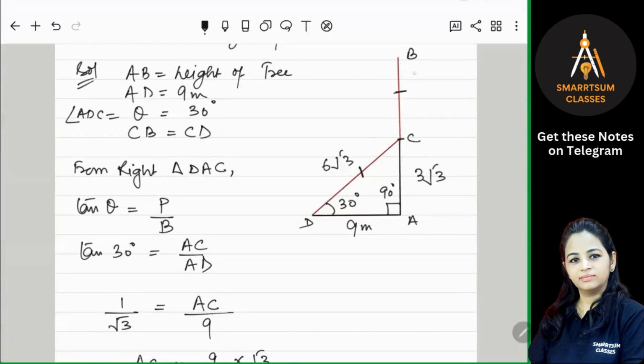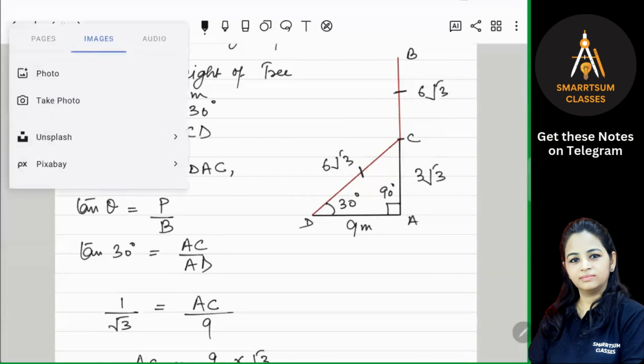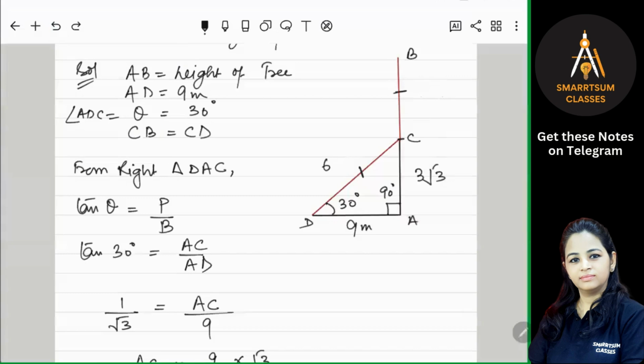Because this is the only part which is bending here. So CB and CD are the same, so can we say that CB is also 6 root 3? Now to find the height of AB, this tree, we can add both of them, 6 root 3 and 3 root 3. Is that clear? So now doing the same thing.